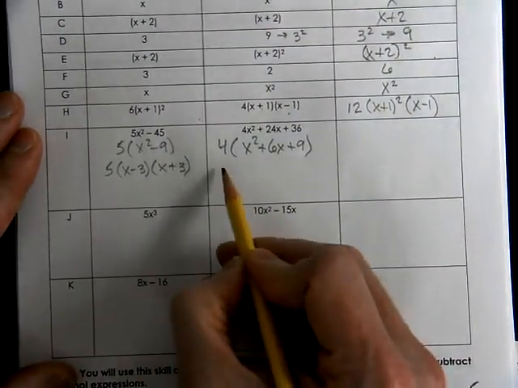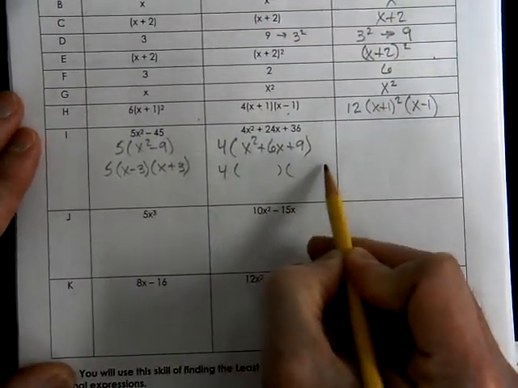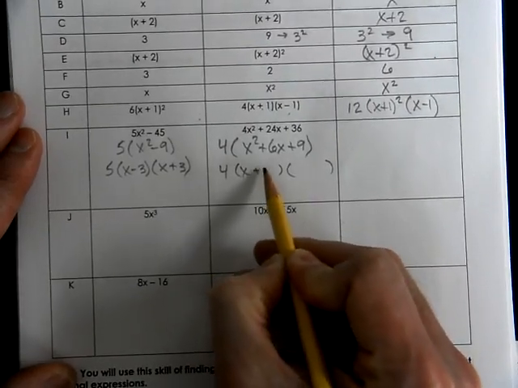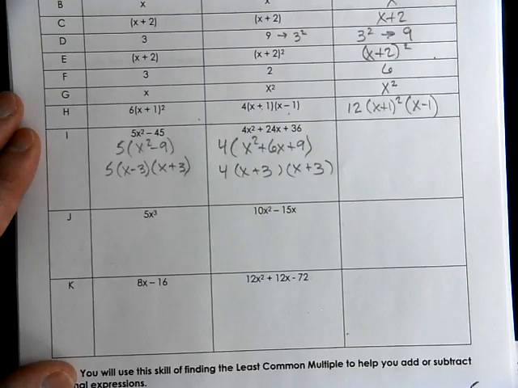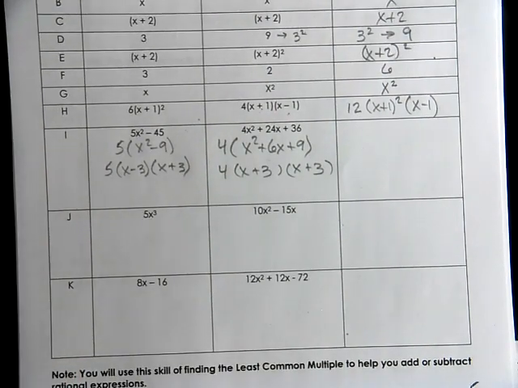And this breaks apart to x plus 3, x plus 3. Those are your factors of breaking down x squared plus 6x plus 9.